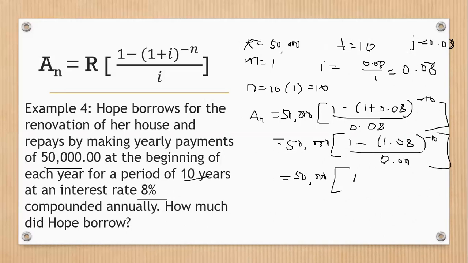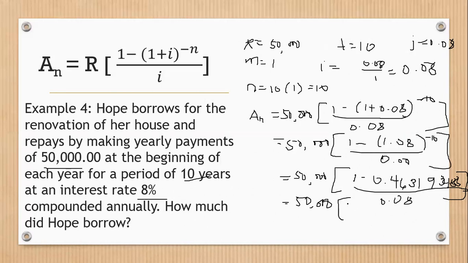So we have 0.46,31,93,488. Divided by 0.08. So 50,000 multiplied to 1 minus 0.46,31,93,488.